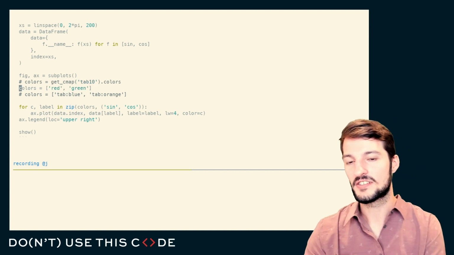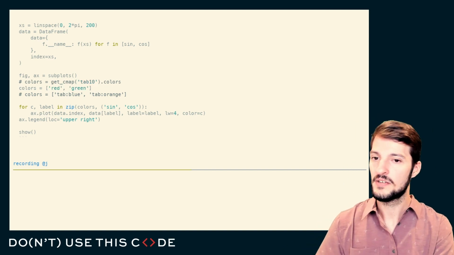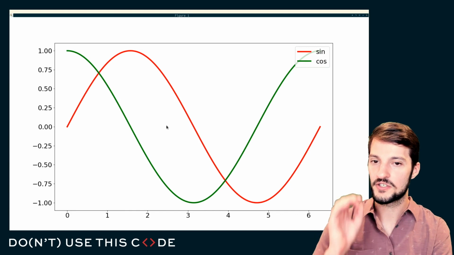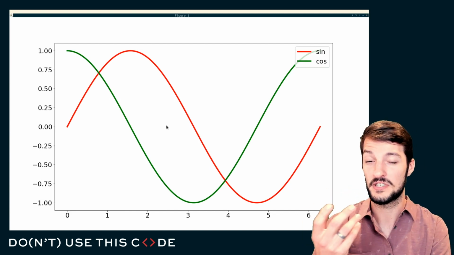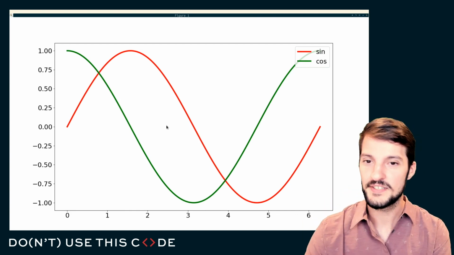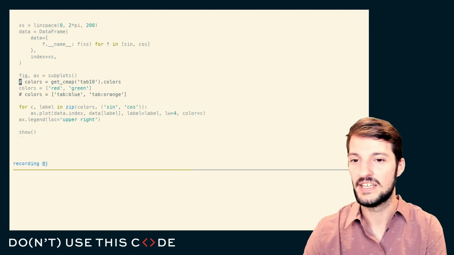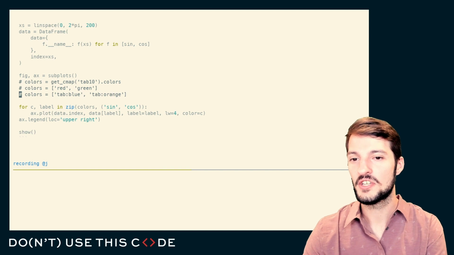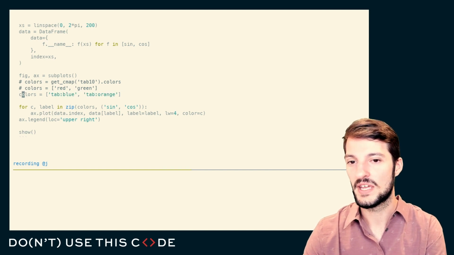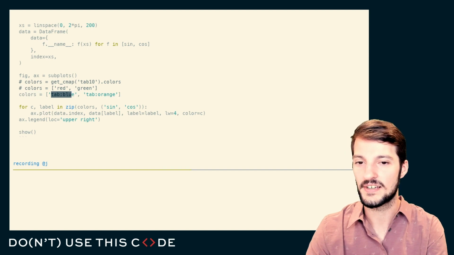Now, I can also pass names of colors, red and green. These colors are a little harsh. They're very visually vibrant and strong. And so that's why Matplotlib likes to use the default of that tab10 color palette. You can also specify colors manually by annotating what qualitative color palette you want it to come from.